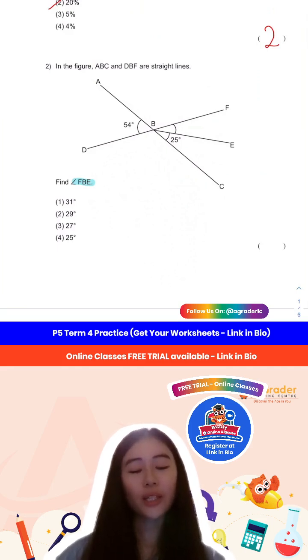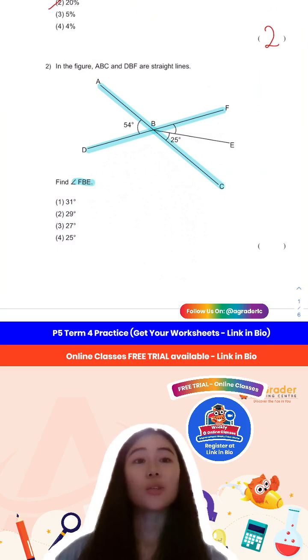So in the figure here, they said that ABC and DBF are straight lines. So you have 2 straight lines that are crossing each other. There is a certain property that you can use. So what is the name of this property that we're going to use to solve this question? Anyone knows the name of the property?